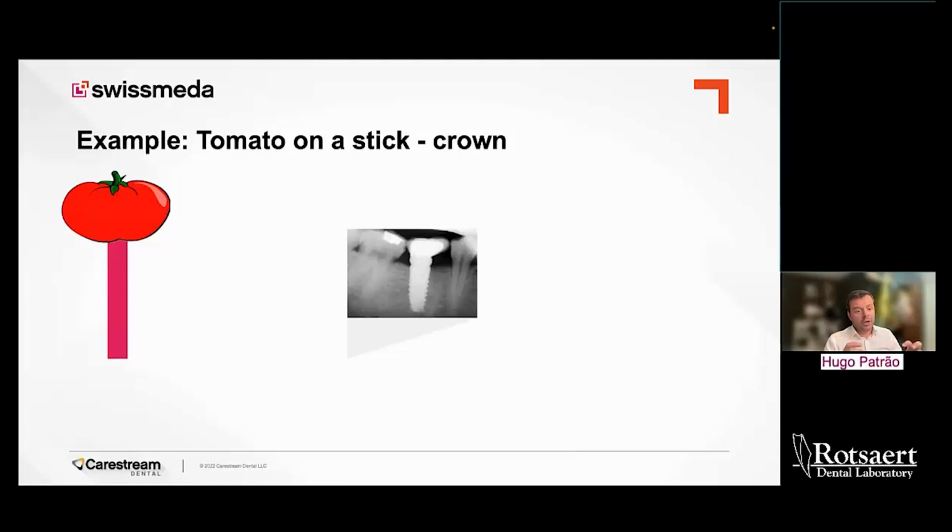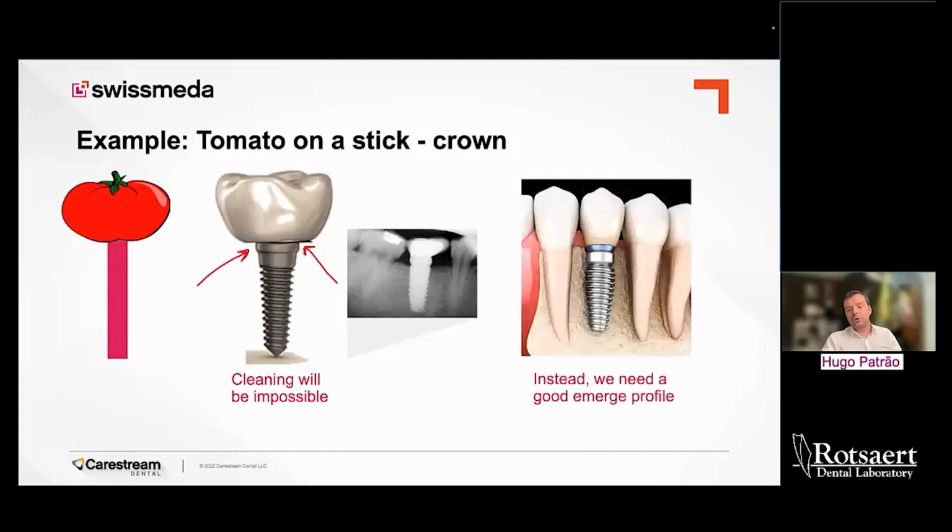So you end up making a crown that is very shallow and doesn't look good. Instead of a nice subcrestally placed implant that gives you enough emergence profile so you can design a nice crown, you end up with a situation like this. And I'm sure that you saw a lot of those in your surgeries.